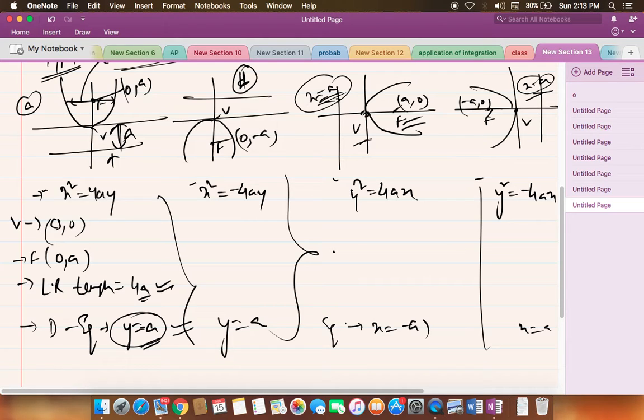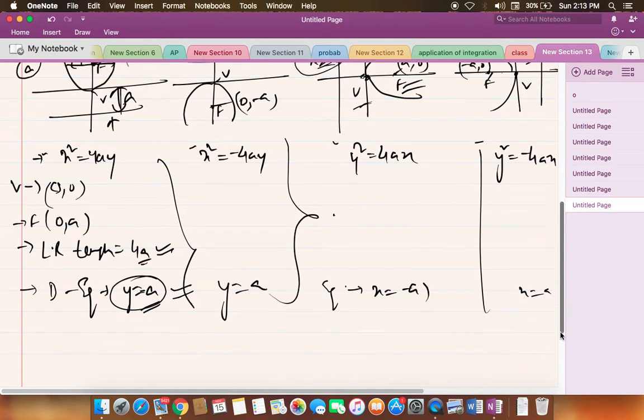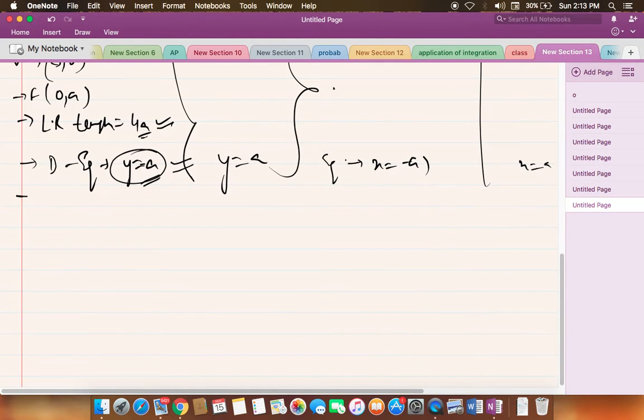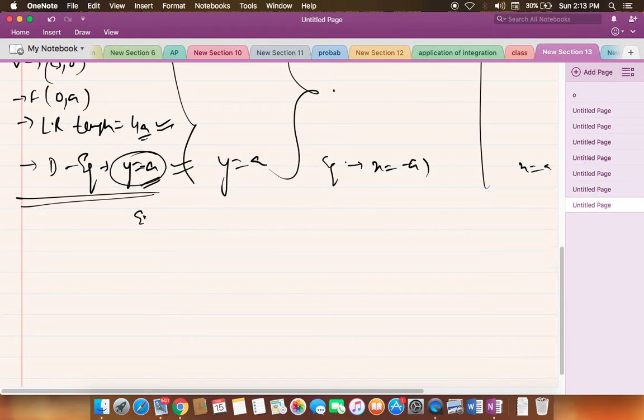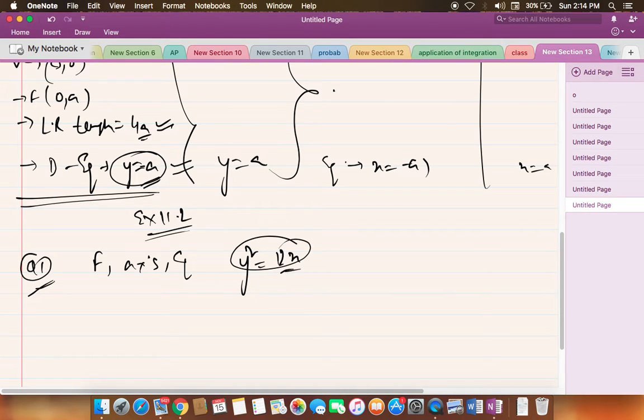After copying this, we have to move on to exercise 11.2. The first numerical tells us that we have to find the focus, axis, equation of directrix and length of latus rectum for this equation, y square is equals to 12x.